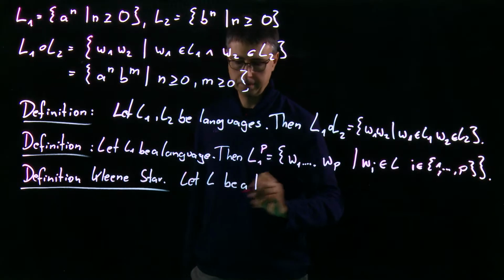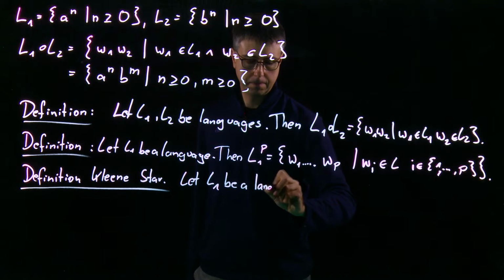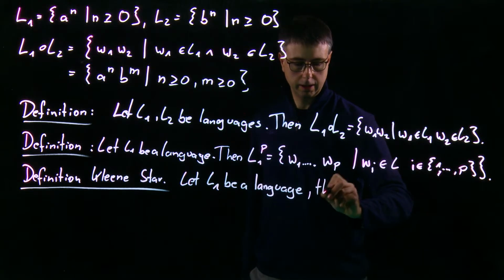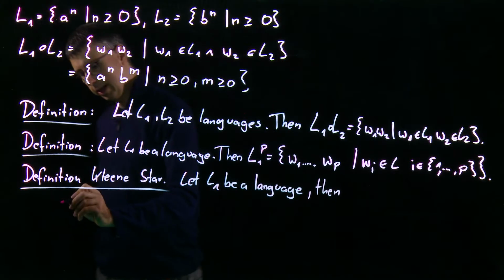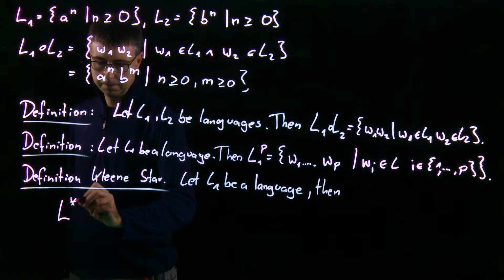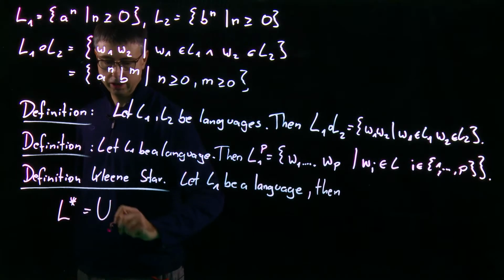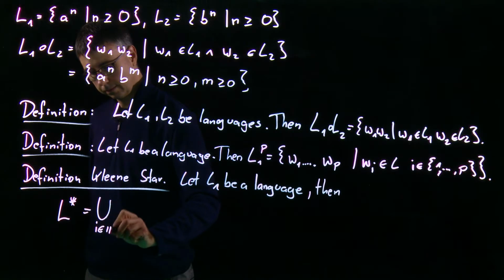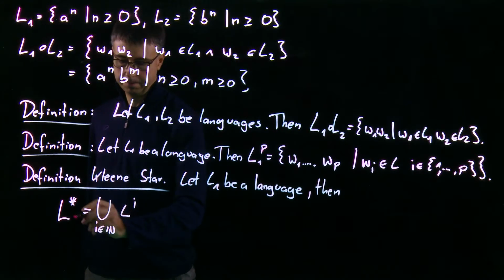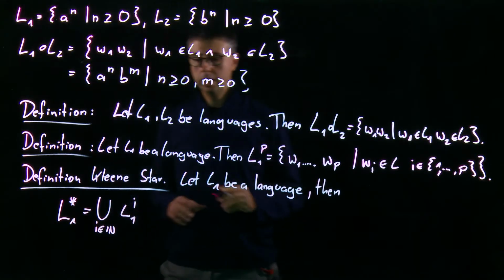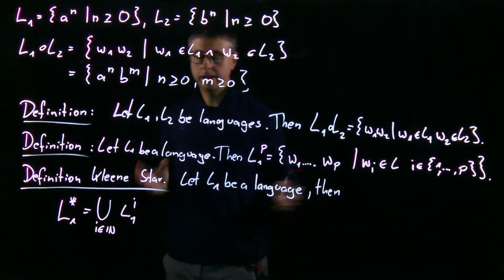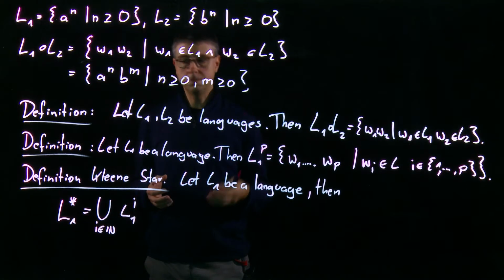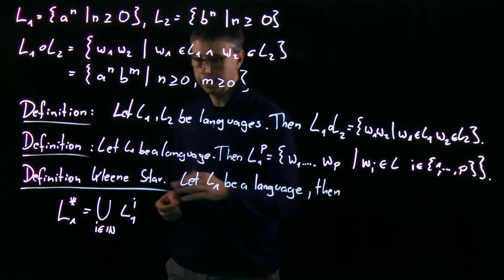Let L be a language, then L star is the union of L to the power of i. So you take an arbitrary number of words and you just combine them. And the set of all words you can create by this definition is called the star closure, the Kleene star of the language.